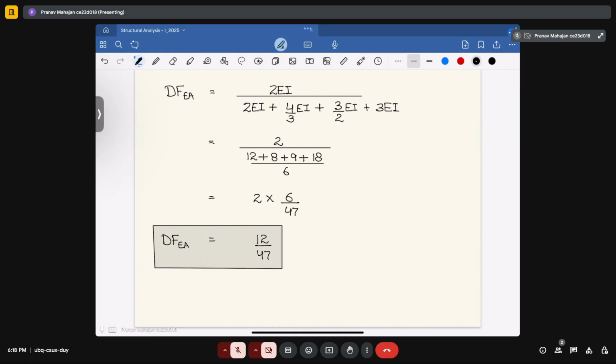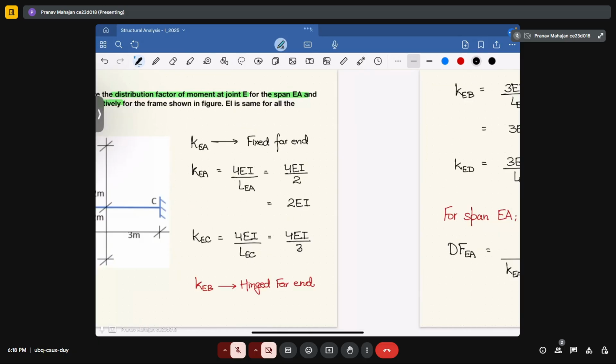Now similarly, we will solve for the other span, that is span ED.